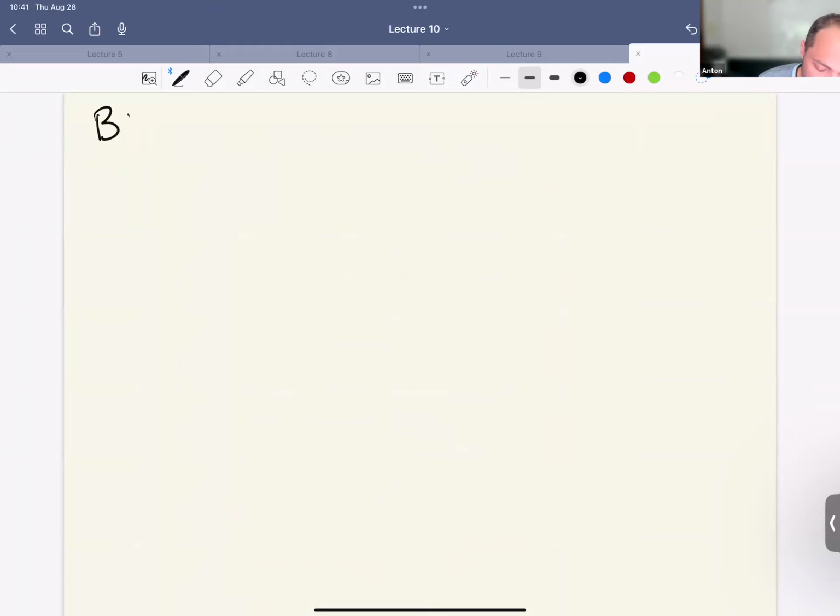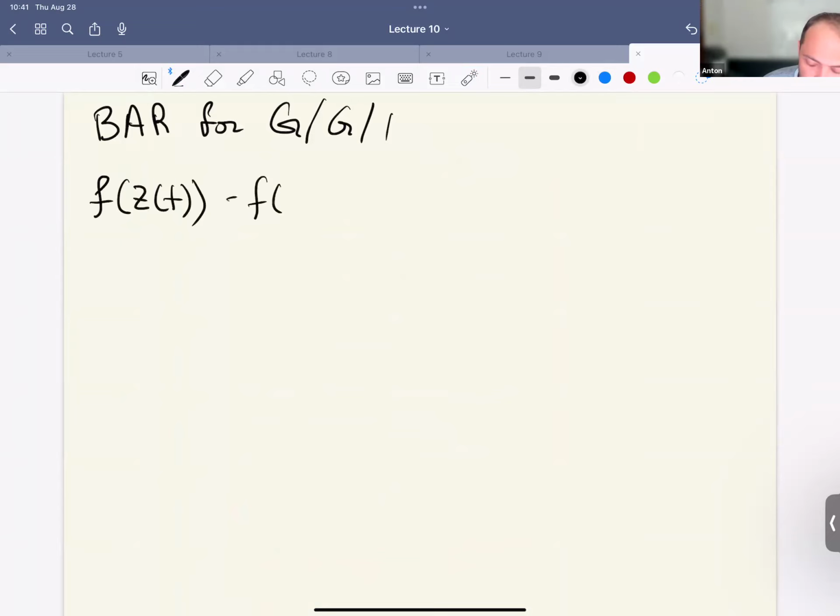Okay, so this is the BAR for the GG1 process. And first off, no randomness. Suppose we have a function of our workload process, and suppose for the time being that it is sufficiently regular, as differentiable as we need it to be.